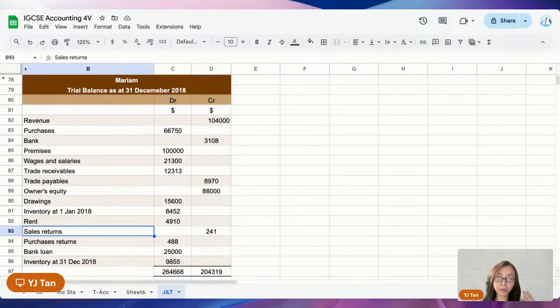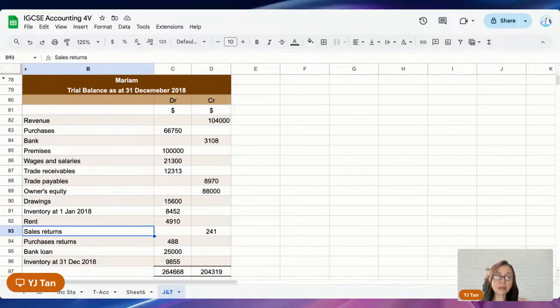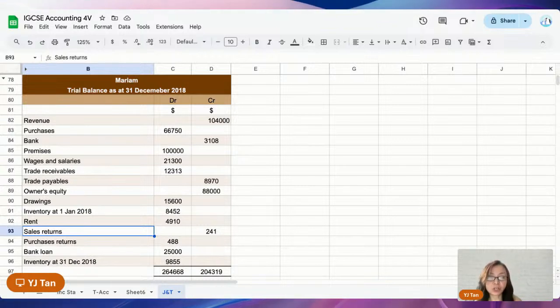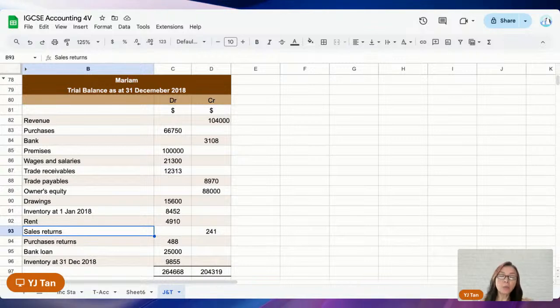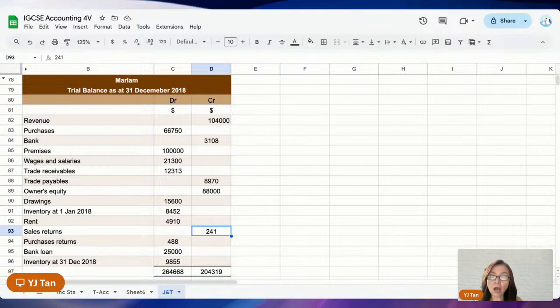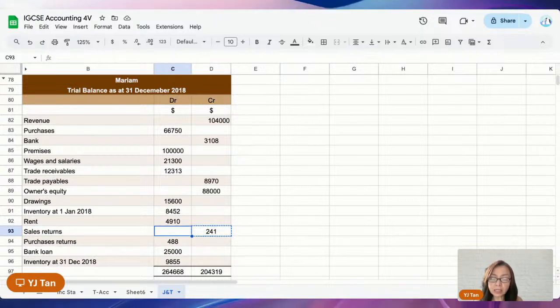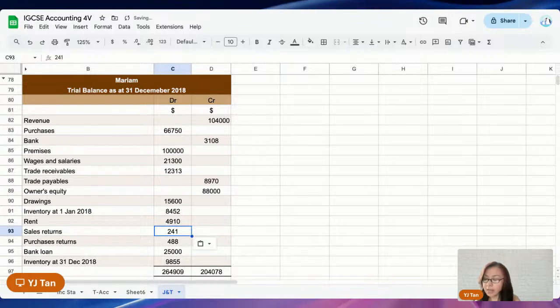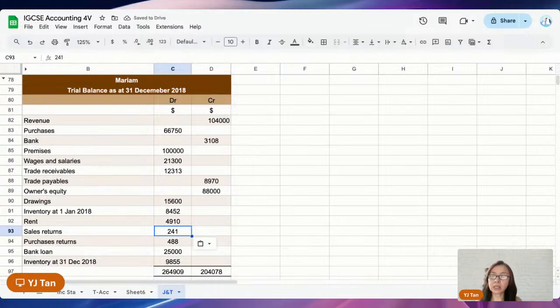I repeat one more time, sales every time it happens is in the credit side, which is opposite of purchase. And when it's returned, it will be the other side. So this is something that I have to take note.